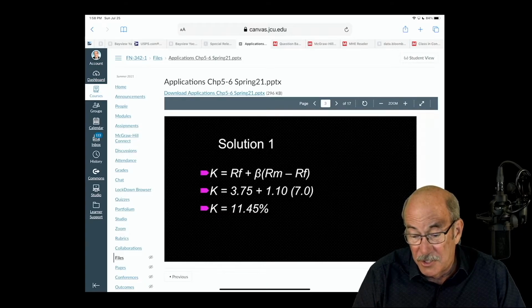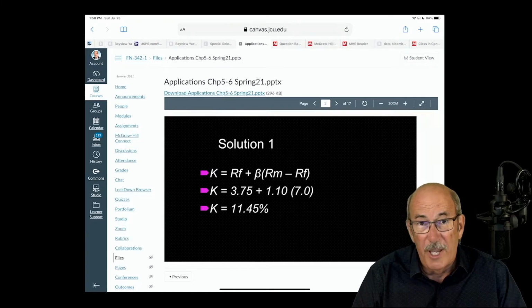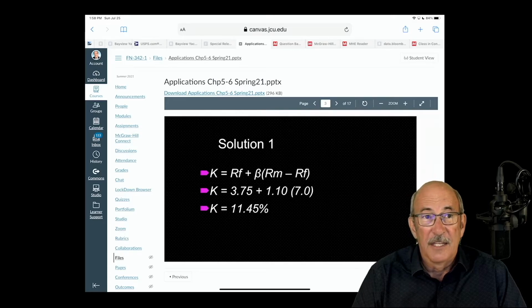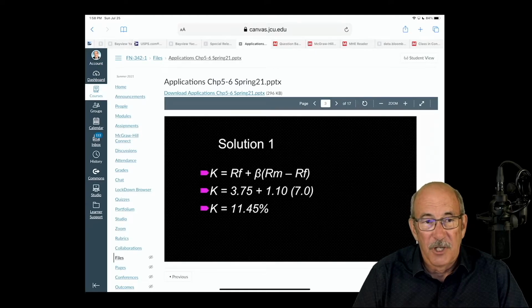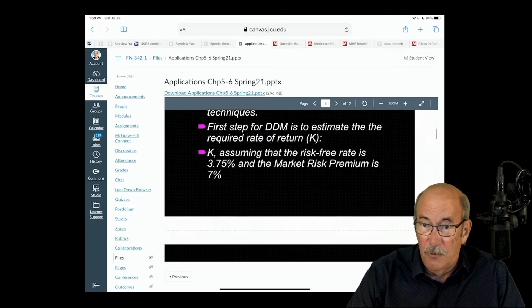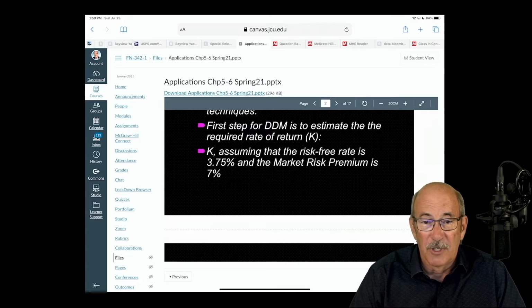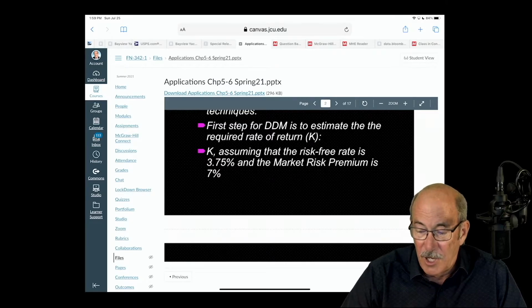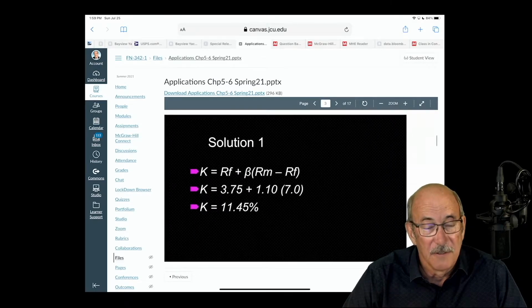So this is CAPM for all intents and purposes. R sub M is the total return on the market. R sub F is the risk-free rate. The difference between those two is called the market risk premium. Since up here we were already given the market risk premium, you don't have to do that subtraction.